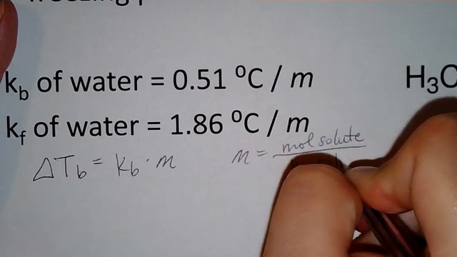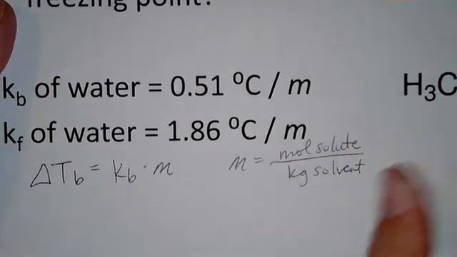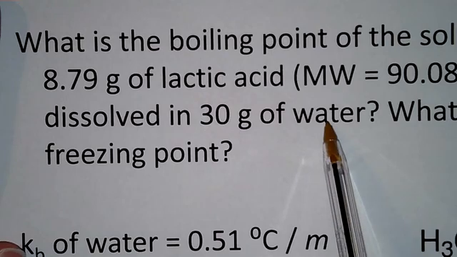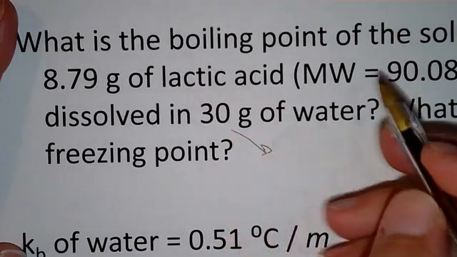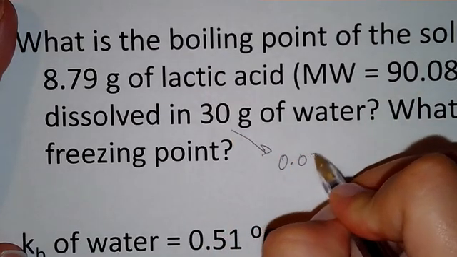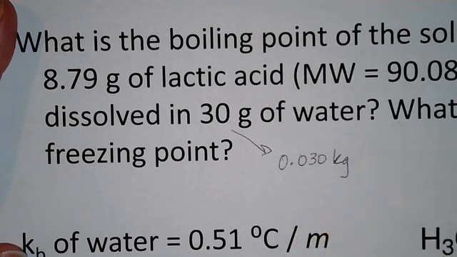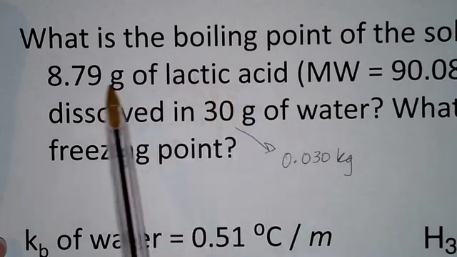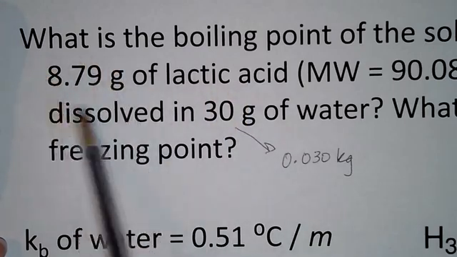So up here we already know we have 30 grams of water. This is our solvent. So we're just going to move the decimal over to convert this to kilograms. Our solute is going to be the lactic acid, and we need to turn our grams into moles. Alright, so 8.79 grams.